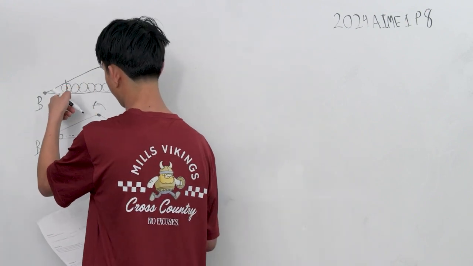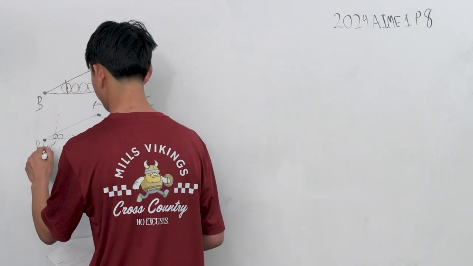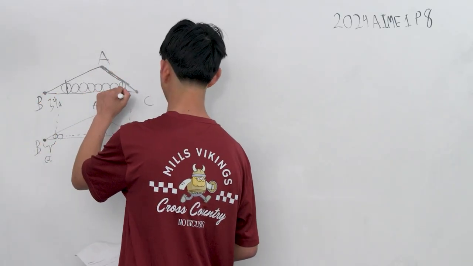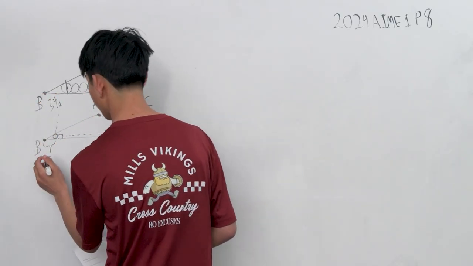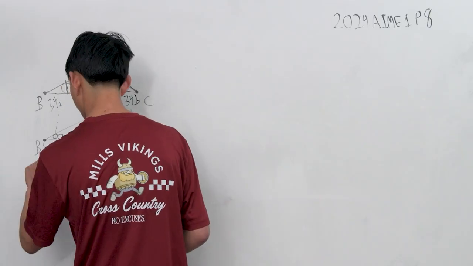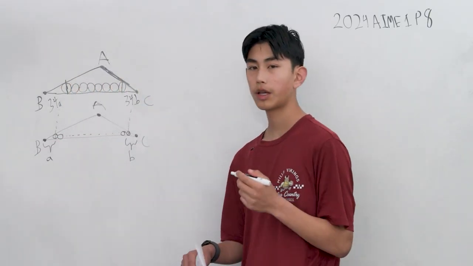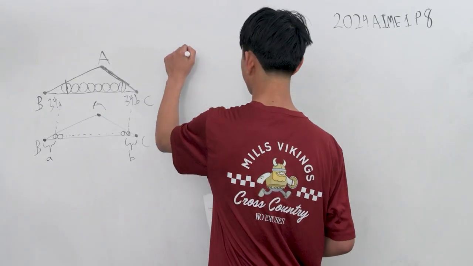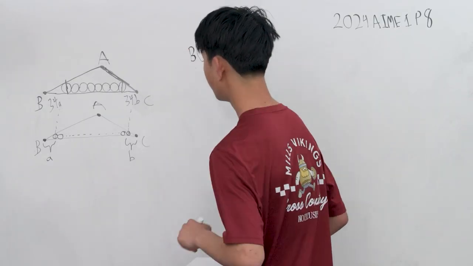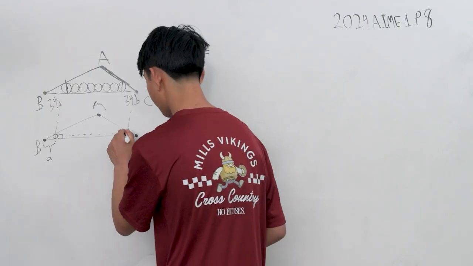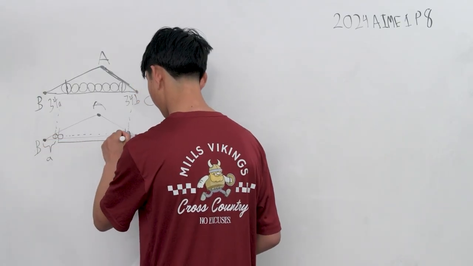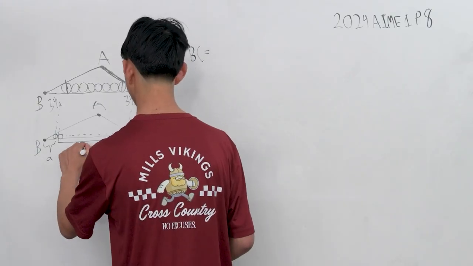But this length right here will be 34 times A, and this length will be 34 times B. We therefore have two different ways to express the length of BC. So we have BC is equal to, if we take this case, starting from this circle to this circle, you have 22 circles.